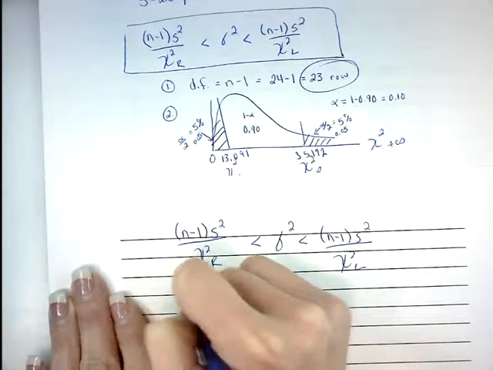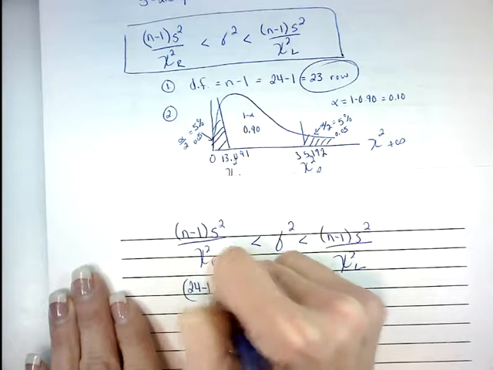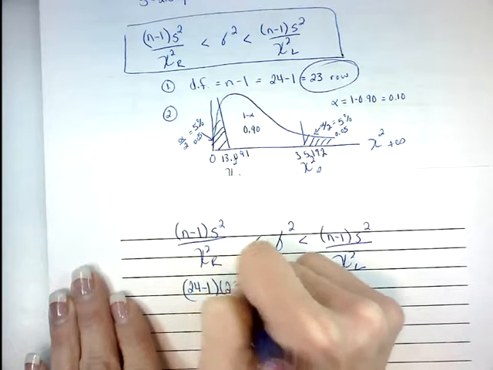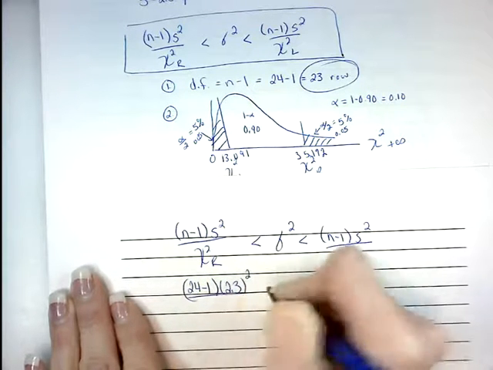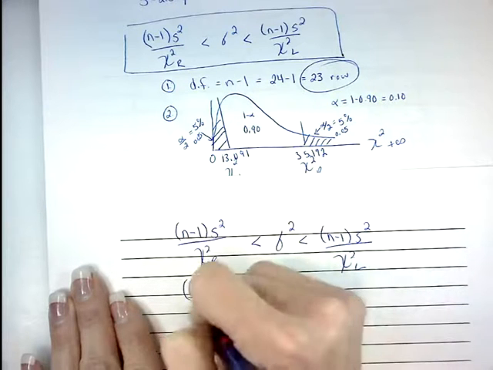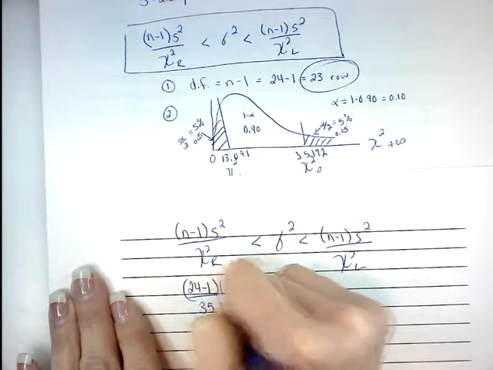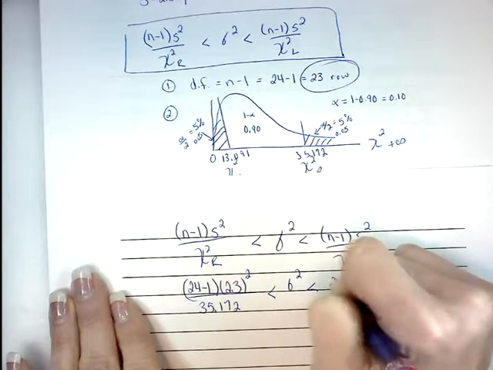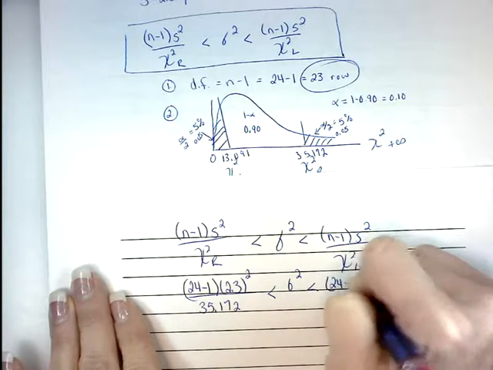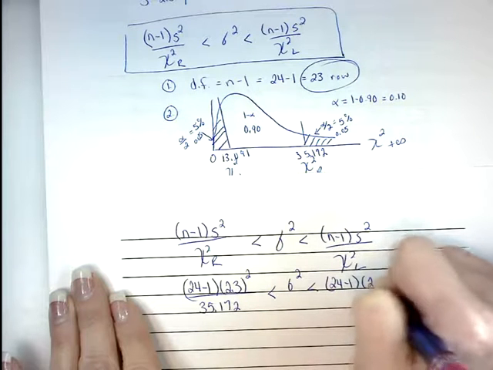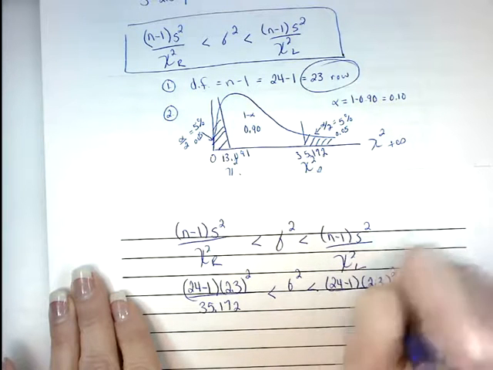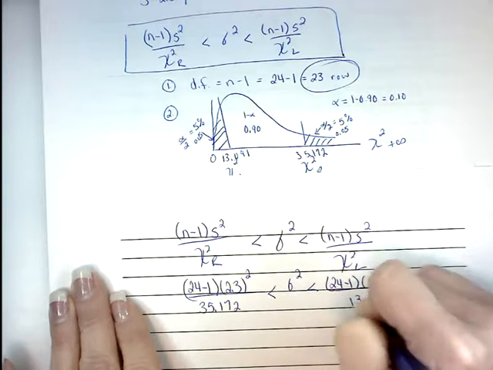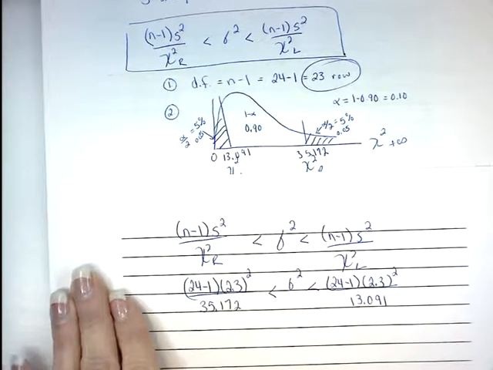That's going to be 24 minus 1 times 2.3 quantity squared divided by chi-square from the right, which is 35.172. 24 minus 1 times 2.3 quantity squared, I'm just squaring the s, divided by 13.091.